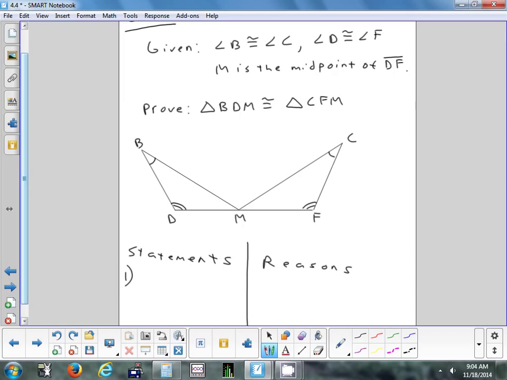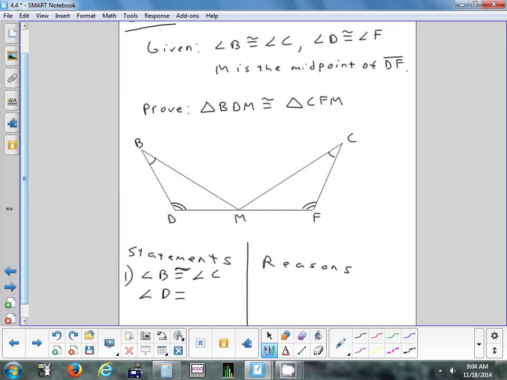Okay, Selena, what could be my first statement here? Sure, that's going to be an important part of proving the congruence postulate. Angle B is congruent to angle C. Okay? Anything else I can say that I can lump in with the same reason? Yep.